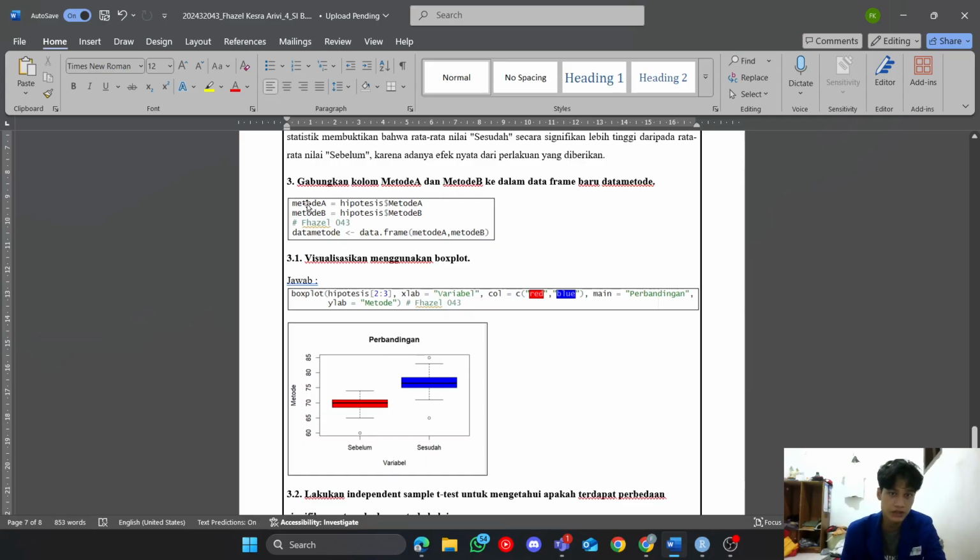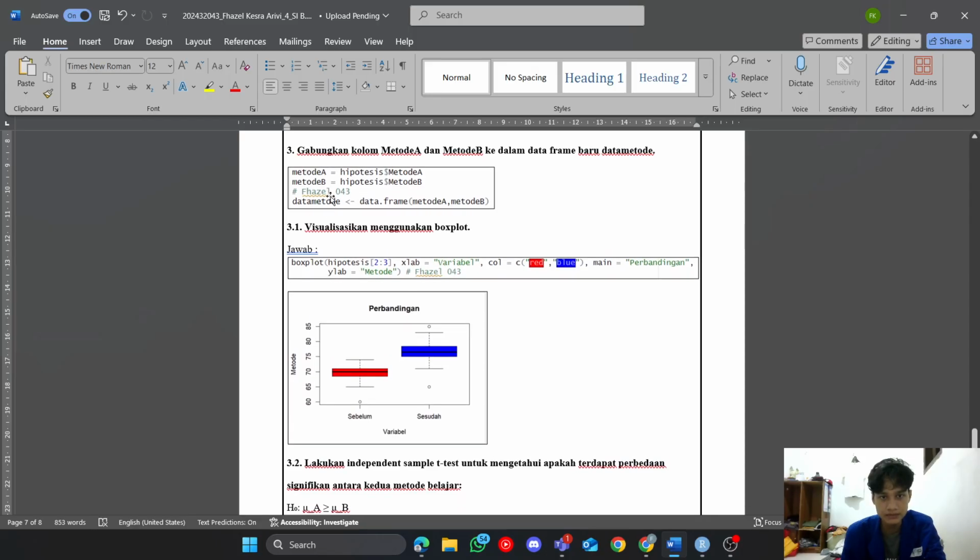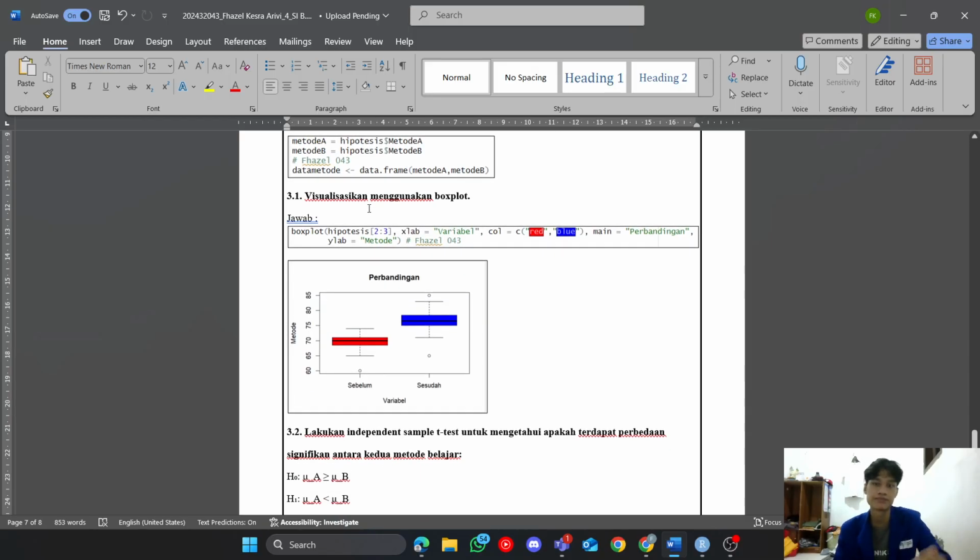So variable method A is assigned from the hypothesis file, so it will check the file name and the column name, and I will save it to the method data frame.